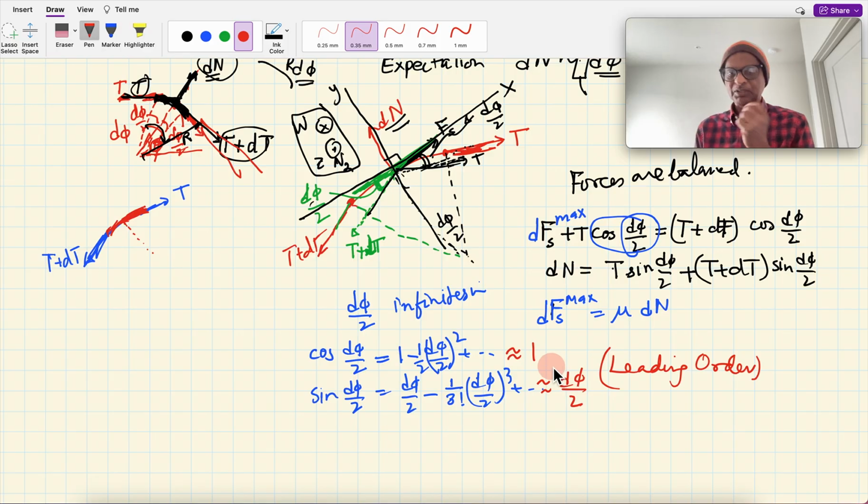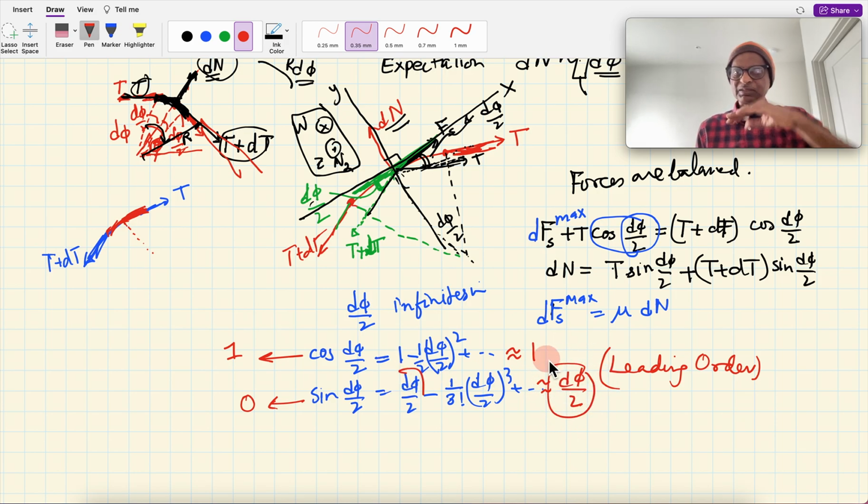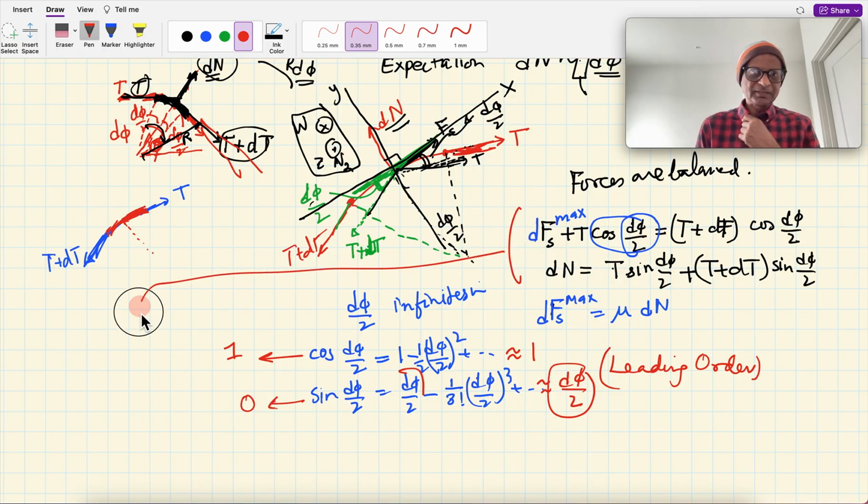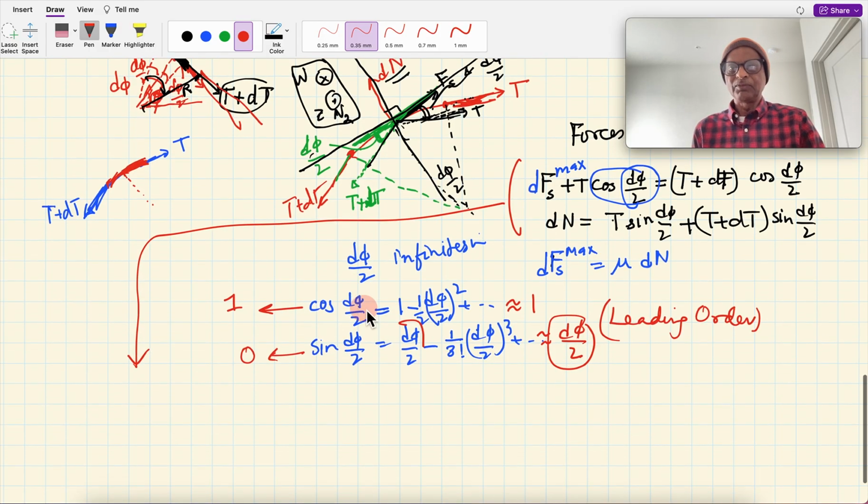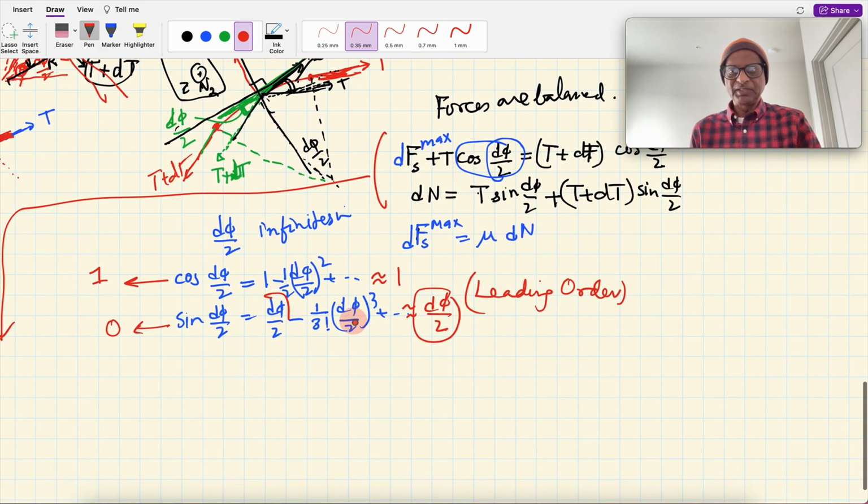Otherwise, if you set this to 1 and this to 0, then you completely lose the information about the size of the infinitesimal rope you're looking at. So let's see what will become of these things.